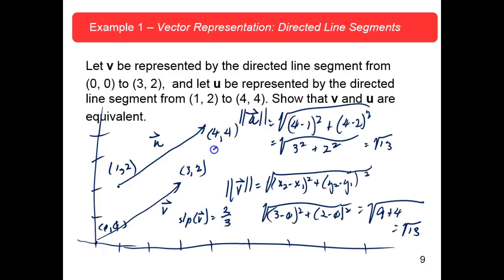The slope of U would be the difference here. Rise would be 4 minus 2 over 4 minus 1, which would be 2 over 3. Yes, same slope, same magnitude, identical or equivalent vectors. So yes, you were right, they are equivalent. But you have to show both of those to be the case.